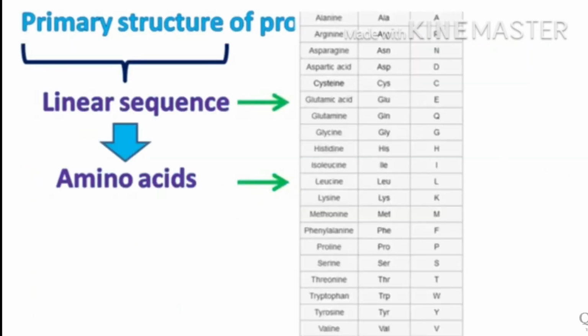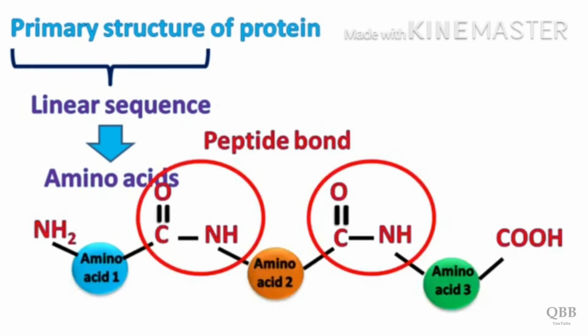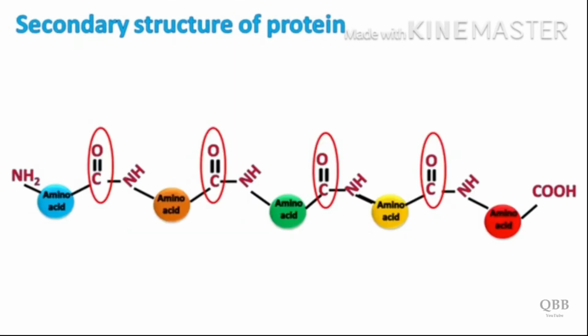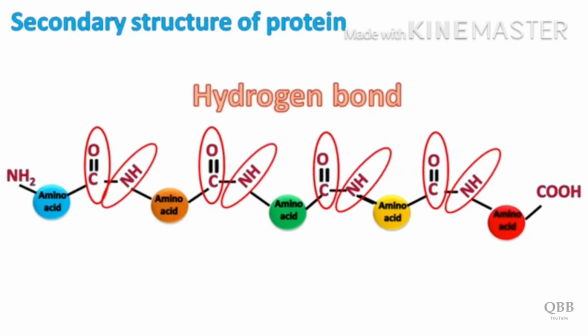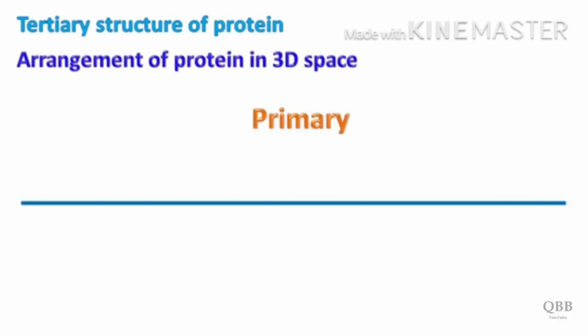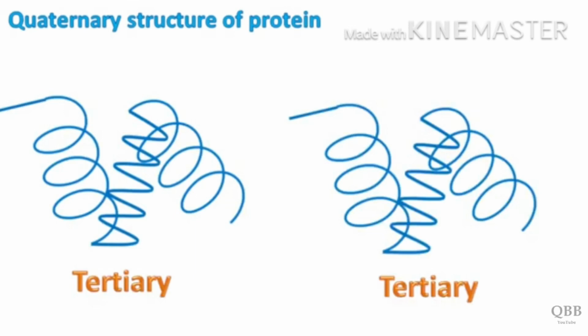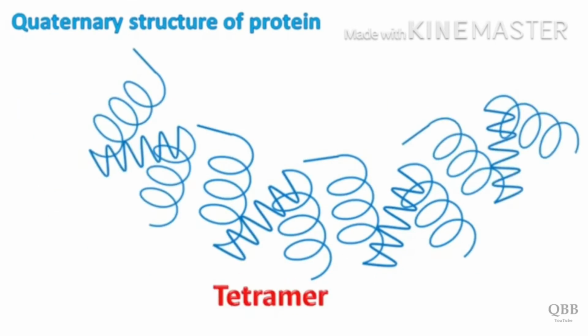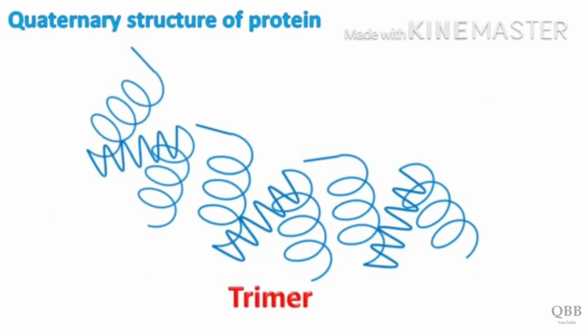First is primary: a linear sequence of amino acids attached by peptide bonds. Secondary: bonds in which oxygen attached to a carbon and nitrogen attached to hydrogen are linked. Tertiary: the arrangement of a protein in 3D space. Quaternary: adding tertiary structure to tertiary structure to form a dimer, trimer, tetramer, and so on.